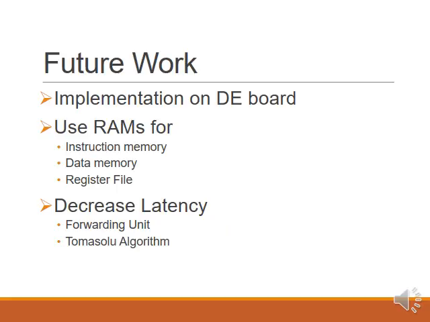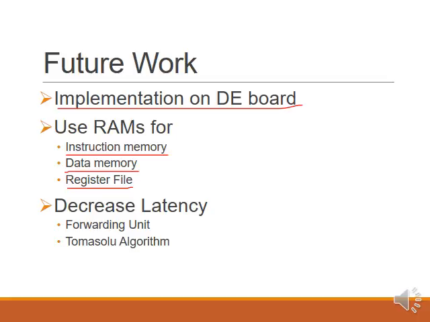In this project, I have not yet implemented the whole NIOSII processor on an FPGA board. I have just simulated it. However, it can be implemented on an FPGA board and checked for performance in real time. RAMs can be used for instruction memory, data memory, and register file for faster access.